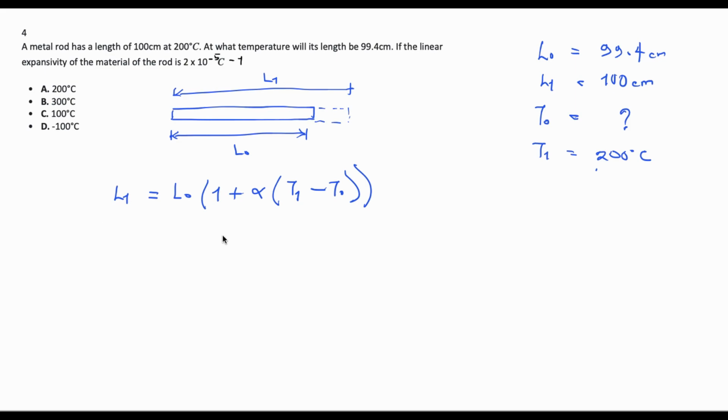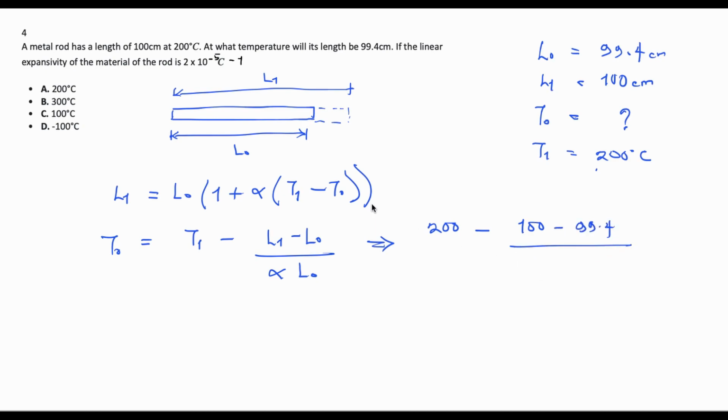So now if you look at this relationship and you make T0 the subject of the formula, you're going to get that T0 is equal to T1 minus (L1 minus L0) divided by alpha L0. So if we plug in our values here, T1 is equal to 200 degrees minus (L1 100 minus L0, which is 99.4), divided by alpha. Don't forget that alpha is linear expansivity, which is what we're given here as 2 times 10 raised to the power minus 5, multiplied by 99.4, which is our L0.